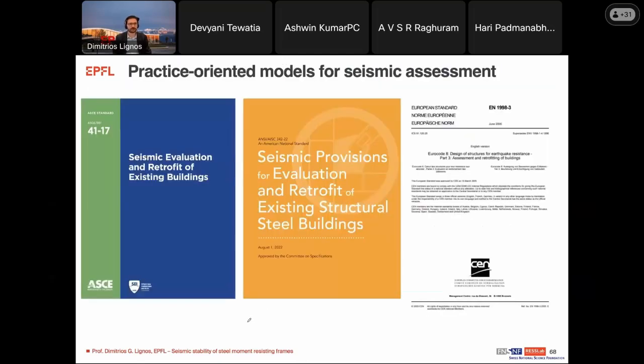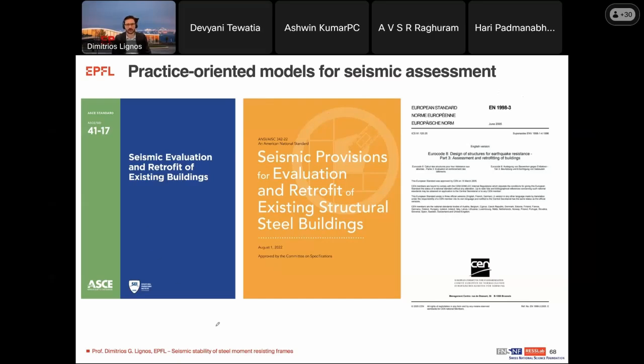Now, the last thing I'd like to talk about before I finish, I think I have 10 more minutes, is some work that we've done that again has made it to the code, that relates to practice-oriented models for seismic assessment of existing structures.